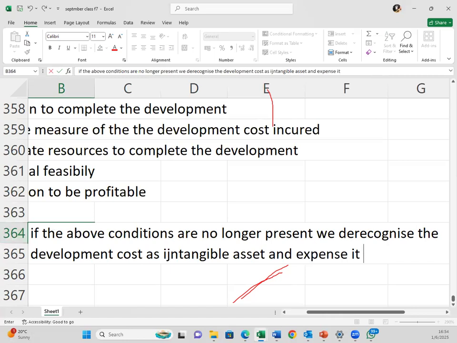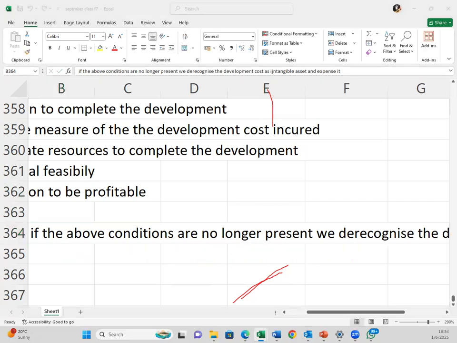So we de-recognize it from intangible assets and recognize it under expenses.